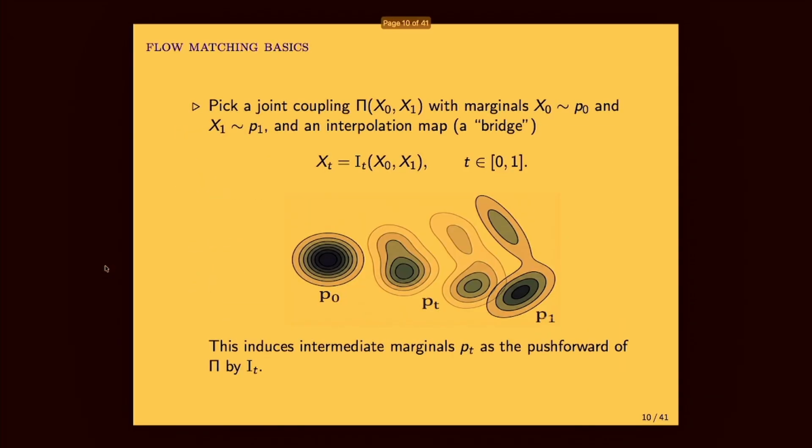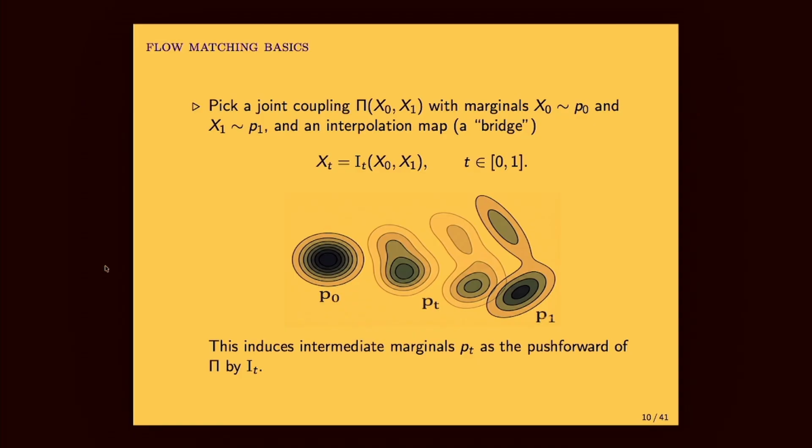All right, so let's go into the details a little bit more. Firstly, the general flow matching base setup is the following. You pick a joint coupling between your base variable x_0, which is coming from a base density p_0, and the x_1 random variable, which has the target density p_1, right?